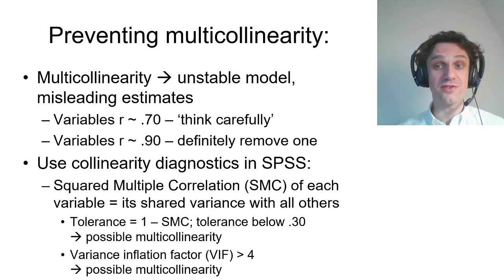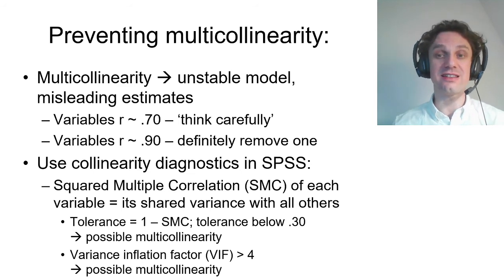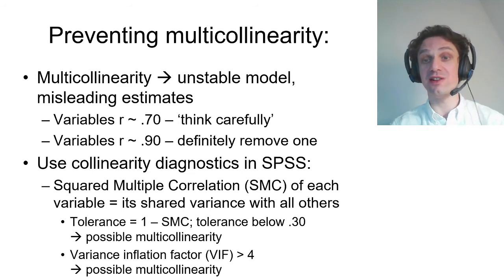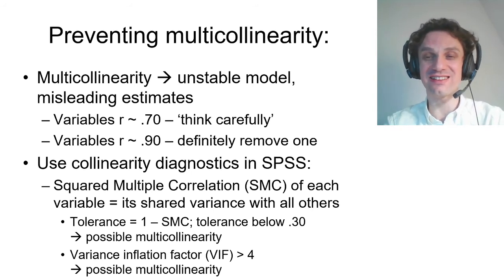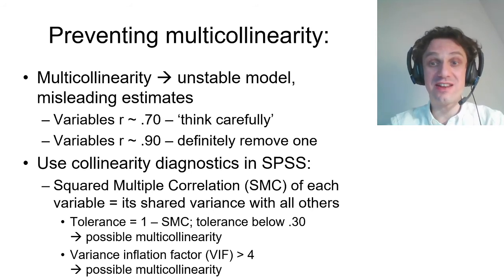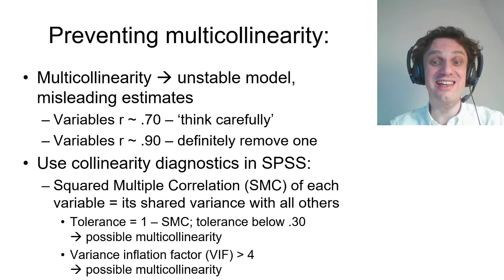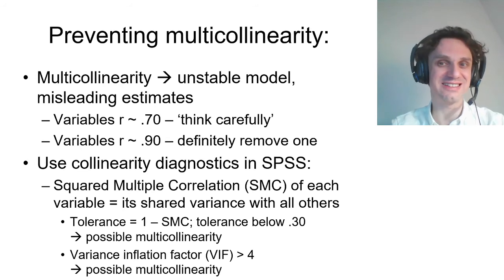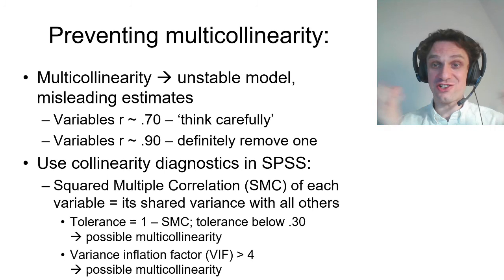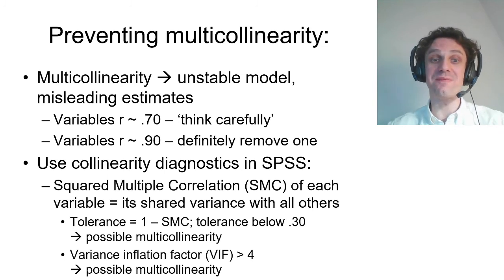And the rule of thumb that is proposed by Barbara Tabachnick and Linda Fidell is that if your tolerance value goes below 0.30, it suggests strongly that this variable probably is redundant. Maybe you need to exclude it, even if it does not correlate with anything else very strongly, but given the combination of all other predictors, it appears to be redundant.